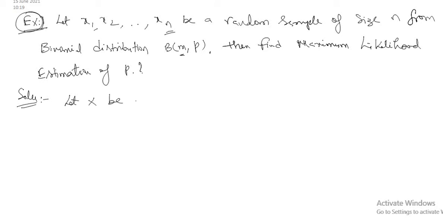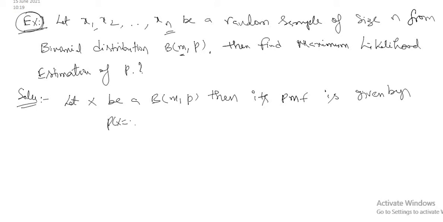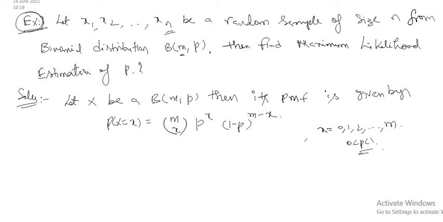Let x be a binomial with m comma p, then its PMF, probability mass function, is given by probability of x equals mCx p power x into 1 minus p power m minus x, for x equals 0, 1, 2, 3 and so on up to m, where 0 less than p less than 1 are the limits.